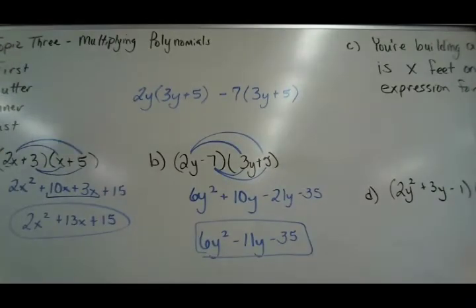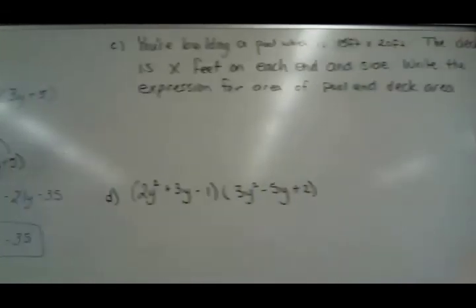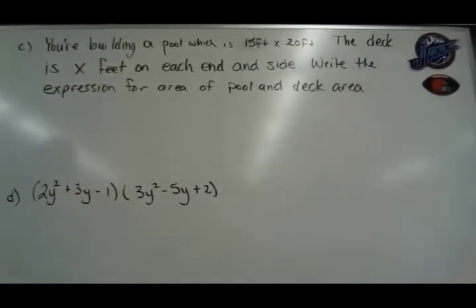Okay, now let's see where we may actually be able to apply this. We've got a word problem here. The word problem says you're building a pool which is 15 feet by 20 feet. The deck is x feet on each end and side. Write the expression for the area of the pool and deck area. Now a great way to start these story problems is to draw yourself a picture.